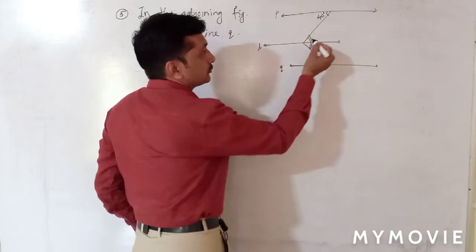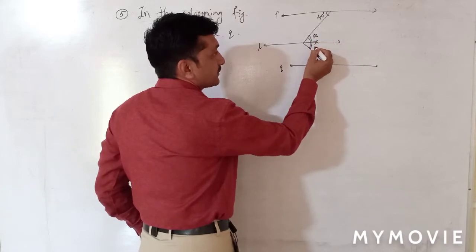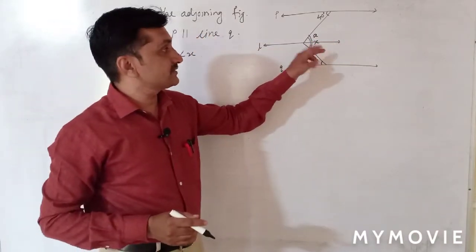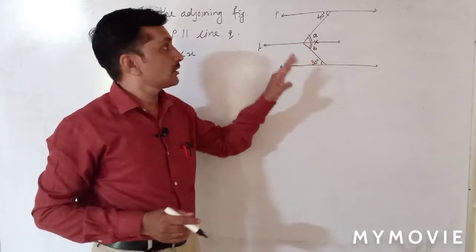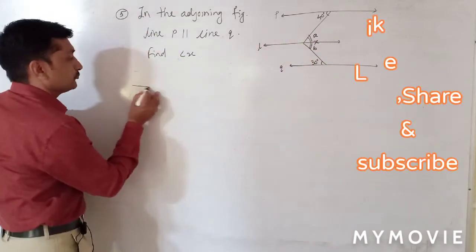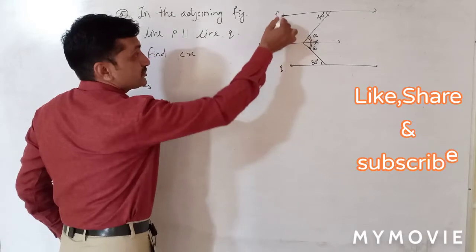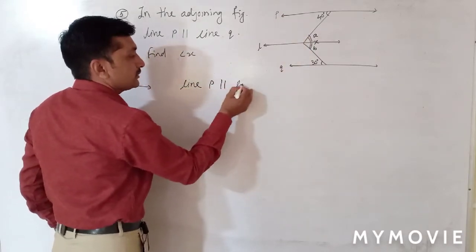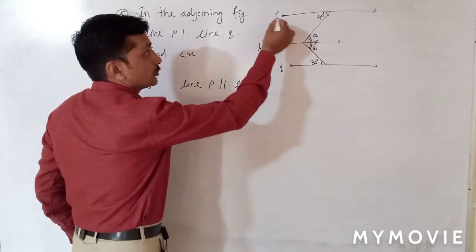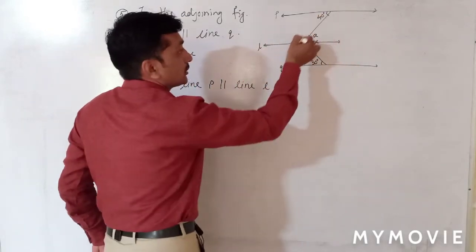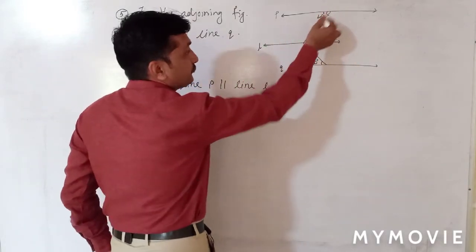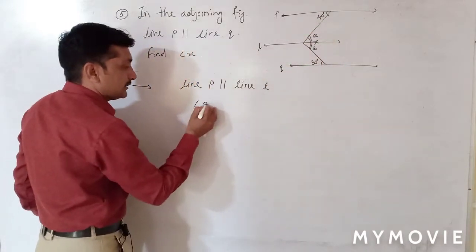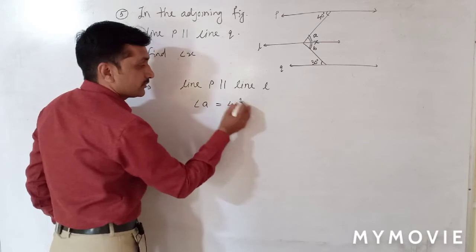For that we consider here A and here B. Here X is equal to A plus B. First take these two parallel lines, line P parallel to line L. If we take this transversal, then A is equal to 40. Therefore angle A is equal to 40 degrees.